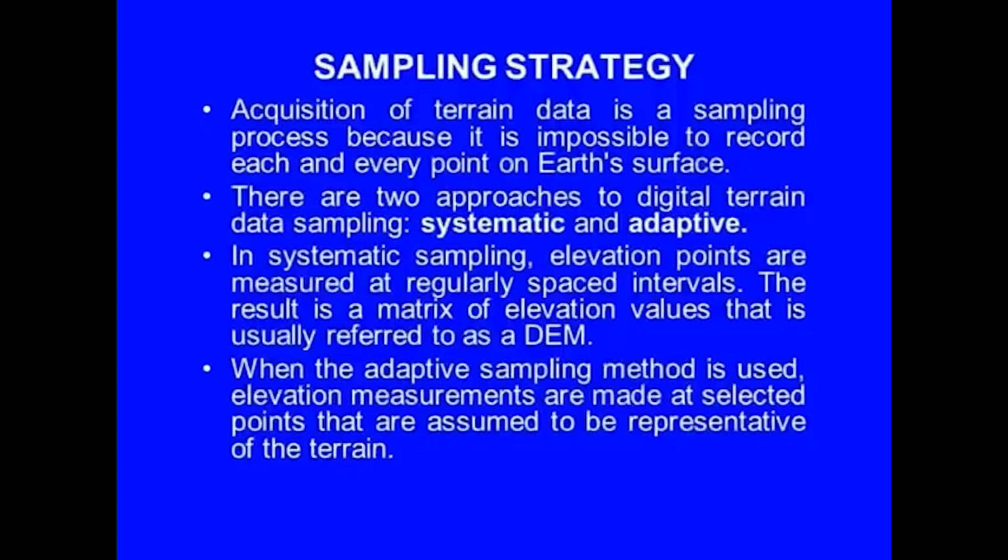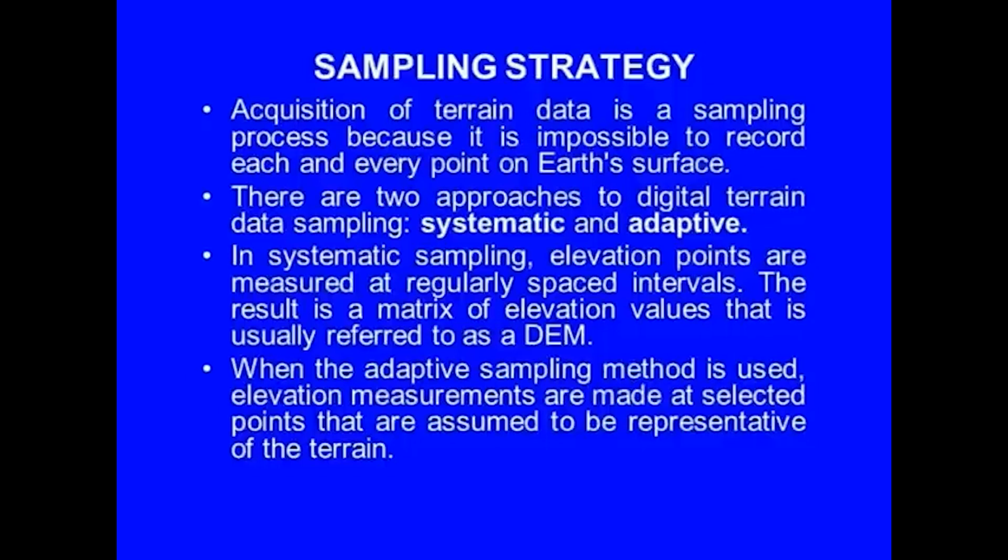Now, let us look at the sampling strategy. Acquisition of terrain data is a sampling process because it is impossible to record each and every point on the earth's surface. There are two approaches to digital terrain data sampling, that is systematic and adaptive.